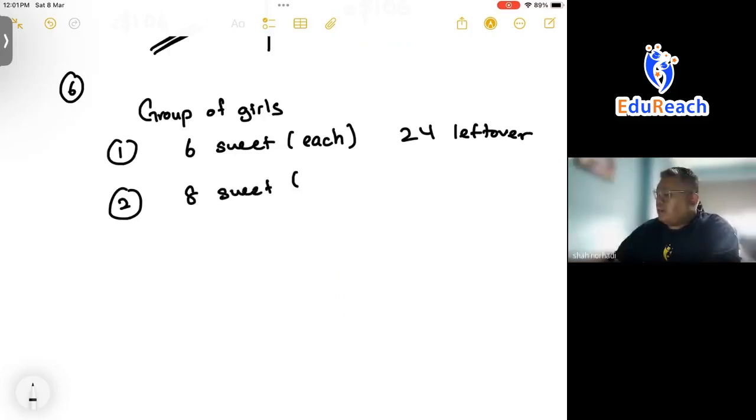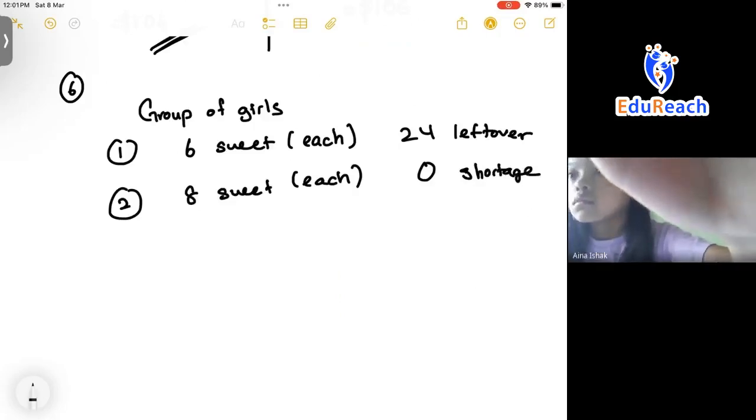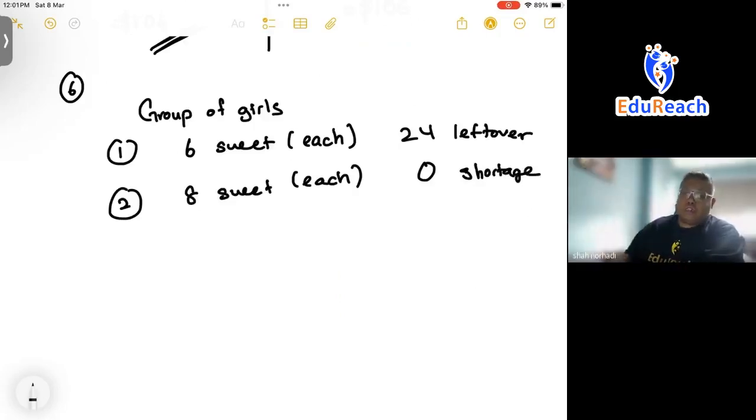So when we talk about none, is it considered shortage or leftover? It is neither. So we can just put it as 0 shortage. Okay, so this is the 2 stories. What is the first step? Do you remember?